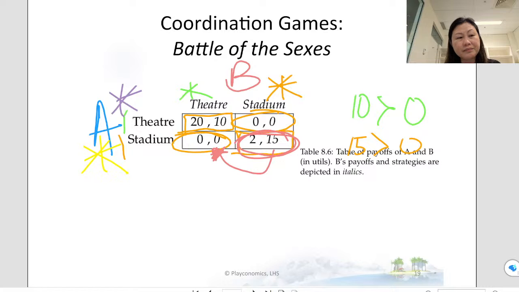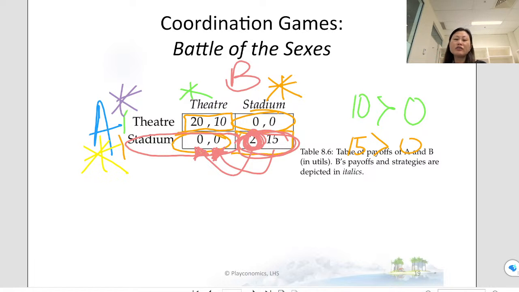If they start from this strategy profile, does player A want to deviate unilaterally? Move from going to the stadium to going to the theater? We're talking about that too here.